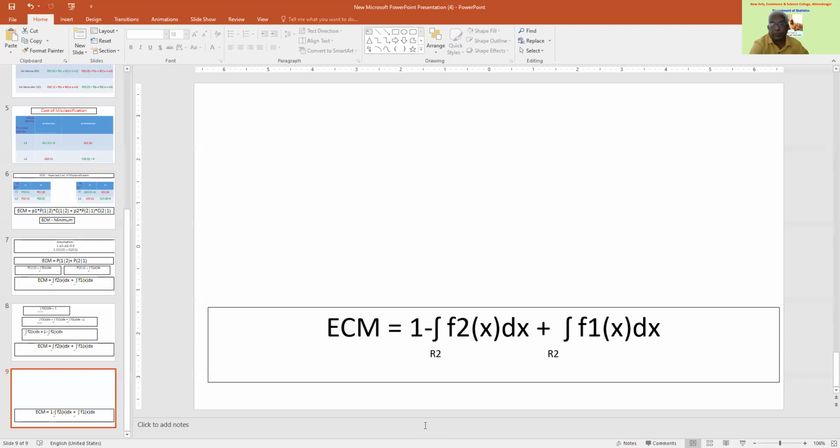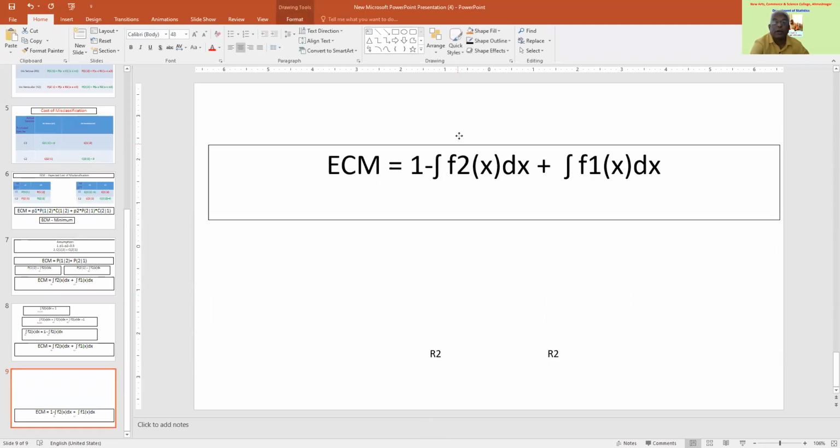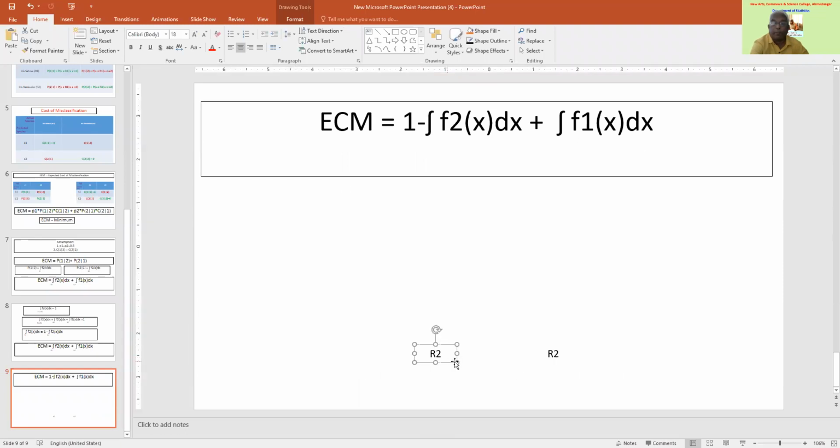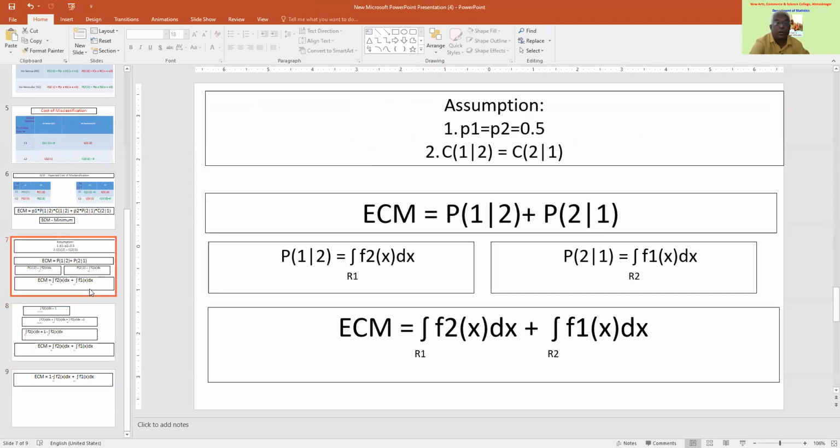Correct? So we are going to replace it. The advantage of this replacement is that the ranges are the same, R2, R2.